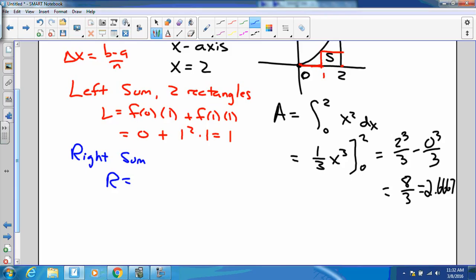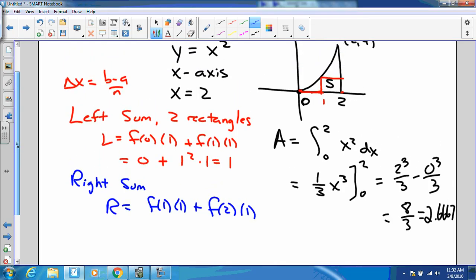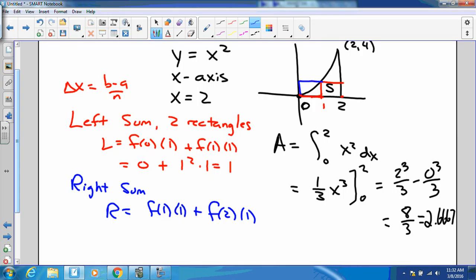How am I going to write the right sum here? That's right. It's going to be height times width. But the heights now are chosen from the right. And so that's going to give me this height and that height right there.